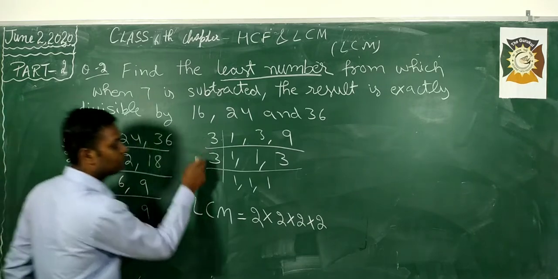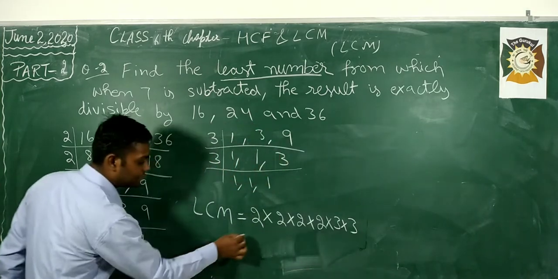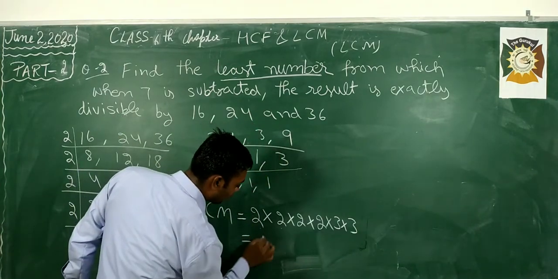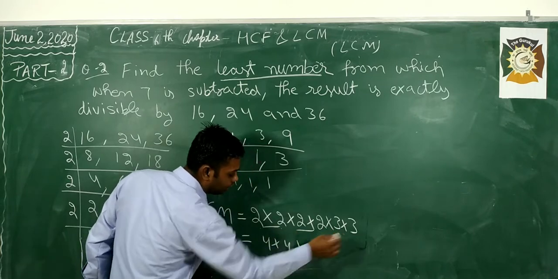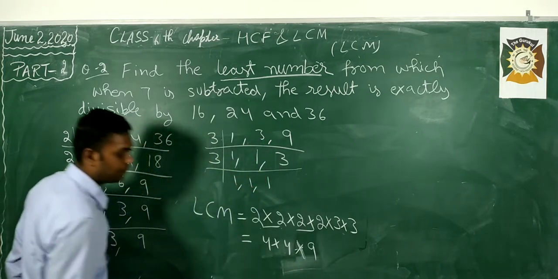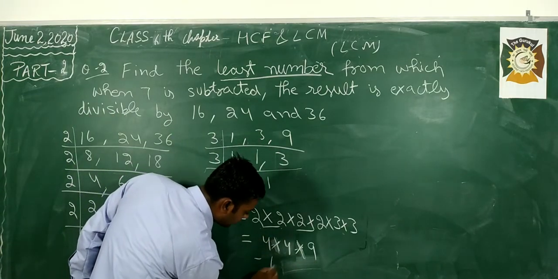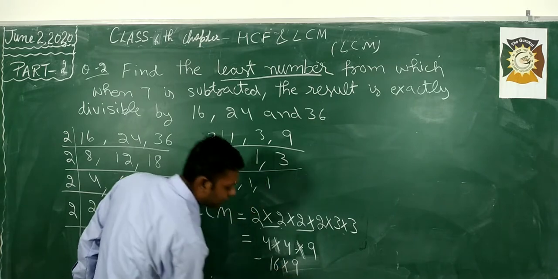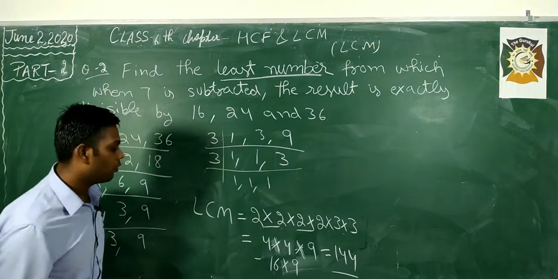Next 3 into 3. 2 into 2 is 4, into 2 into 2 is 4, and 3 into 3 is equal to 9. Next 4 into 4 is equal to 16, into 9 is equal to 144, and our LCM is 144.